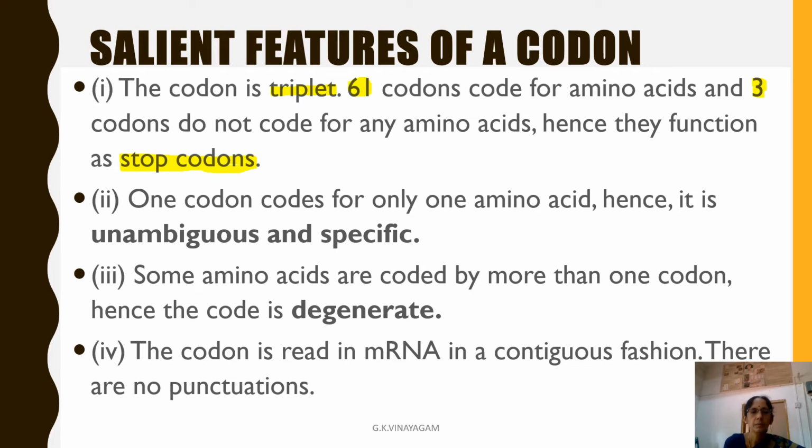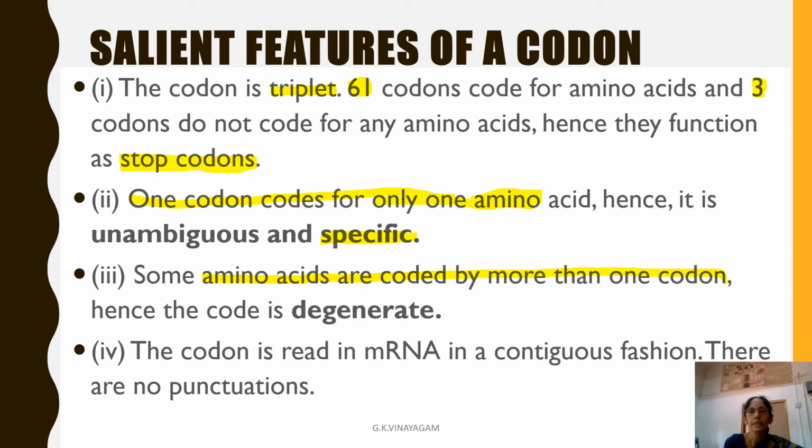One codon codes for one amino acid. So it is said to be unambiguous, or specific. No confusion at all. One codon codes for one amino acid. But at the same time, some amino acids are coded by more than one codon.